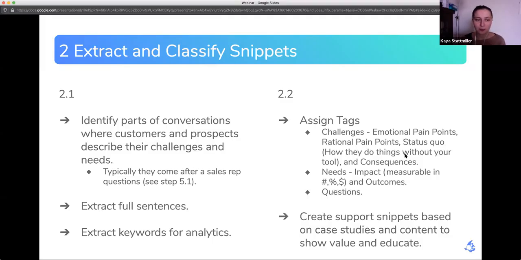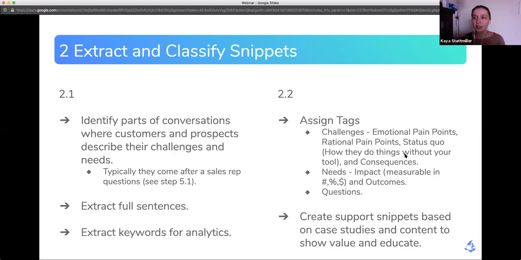And then there is another piece to that, which is to create supporting snippets or phrases. Right now you for sure have customer stories and some content, but for the emails you need snippets from the customer stories and from content.